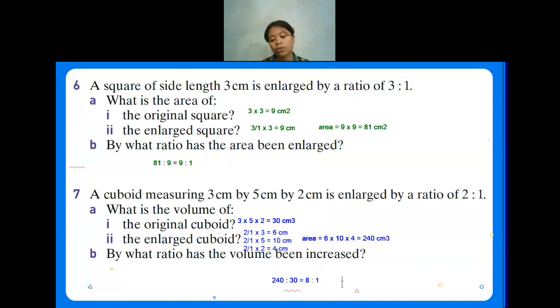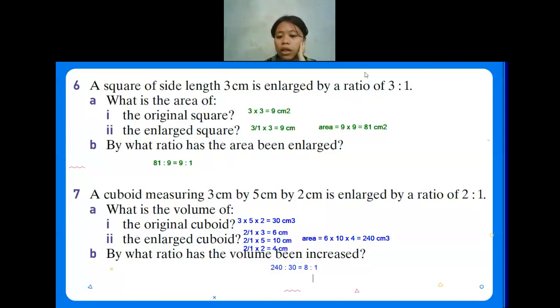Or maybe I go too fast? Because the ratio for the volume, length. Is there anyone who is confused? No? Okay. If no one has any confusion, let us move to question 8.